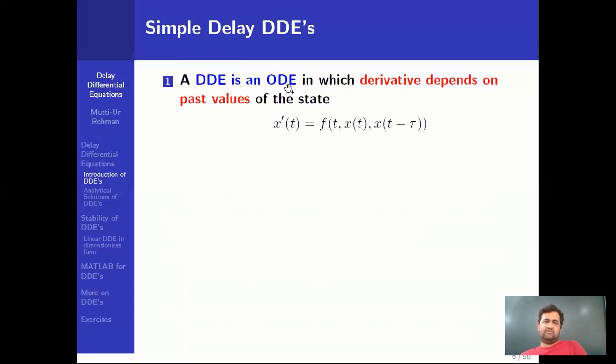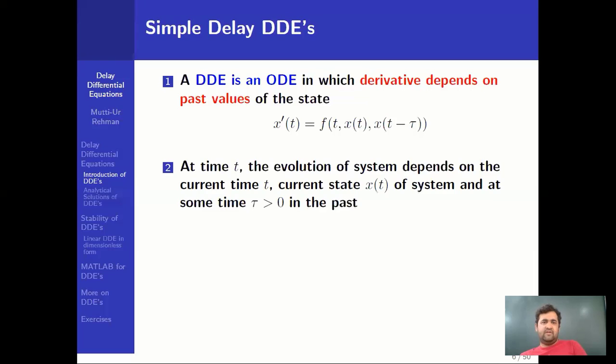But allow me to say that at this stage, a delay differential equation is basically an ordinary differential equation where your time derivative not only depends on the current time and the current state, but of course, it also depends on the state in the past. So here, this parameter tau is the lag, or you can say it's a delay to your system, okay?